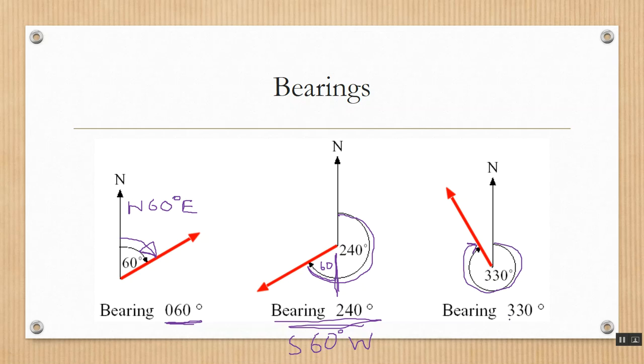So the bearing is 330. The angle in here would be 30 degrees. So 360 take 30. So we could say that it's north 30 degrees west. There's a few ways that we can do bearings.